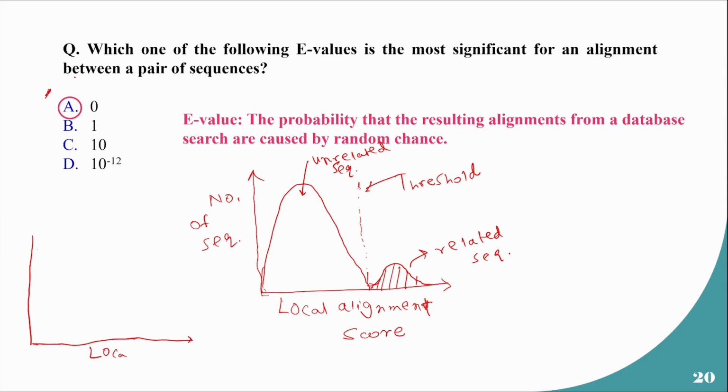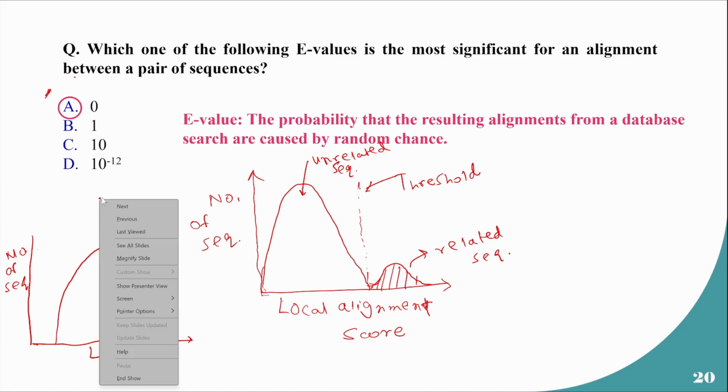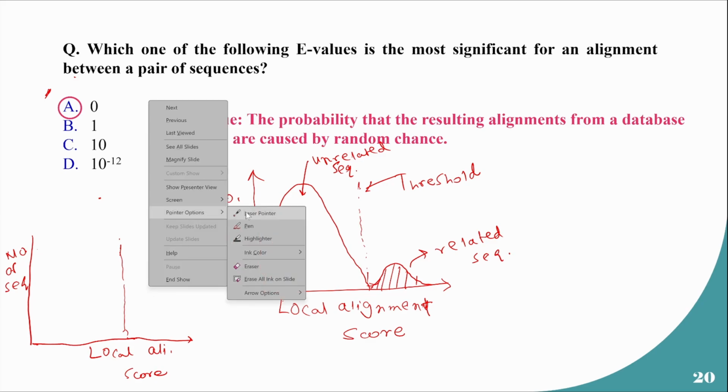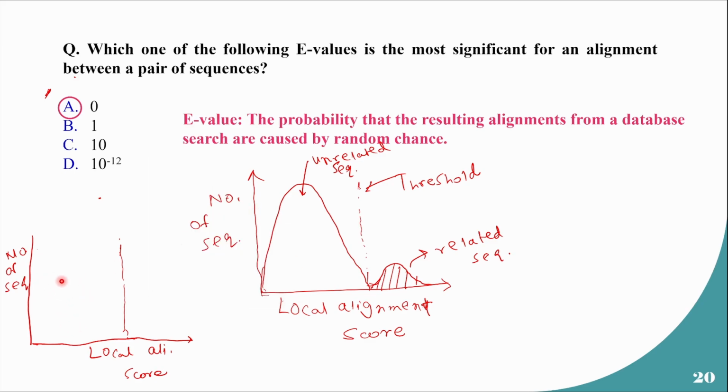So if this is the local alignment score, and this is the number of sequences, and let's say this is the threshold value, what we will see is that if we construct the plot, let's say it has a distribution like this, right?